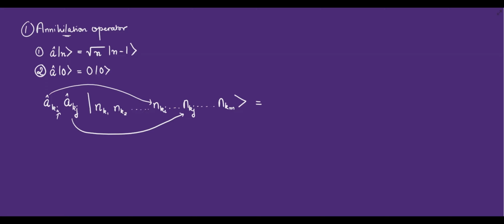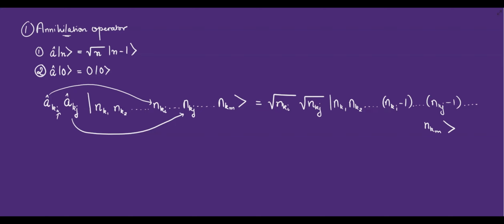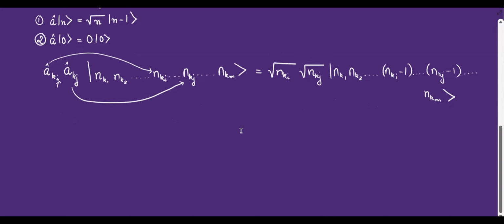So this will give me root of n ki, root of n kj, and n k1, n k2, up to n ki minus 1, n kj minus 1, up to n km. So this is how it will work for multimode Fock states.